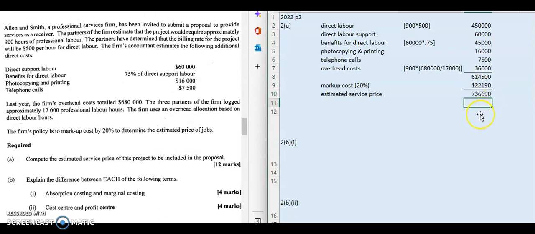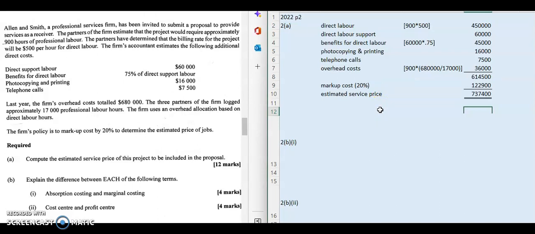Let me check my mathematics to see if it is correct. Okay, I think I multiplied wrongly around here. That is actually 122,900. All right, so there's your answer, 737,400. That is the answer to part A.